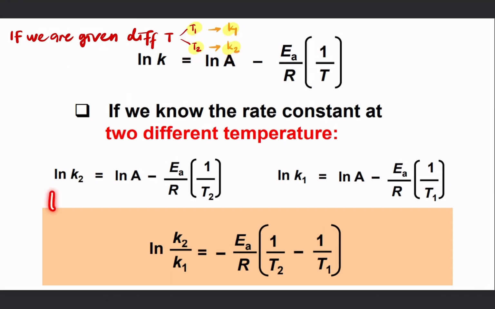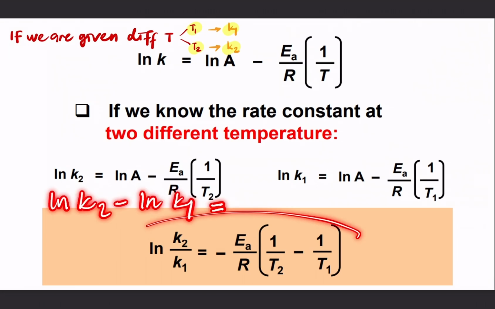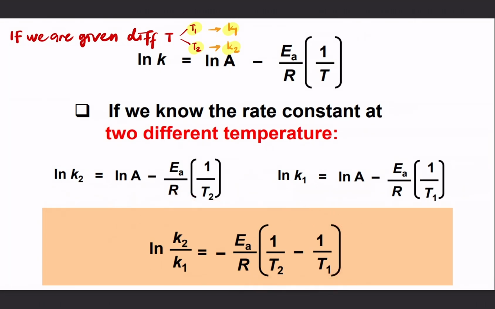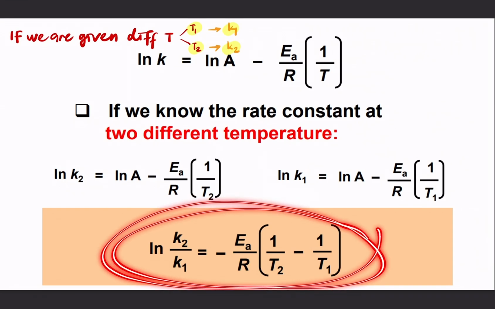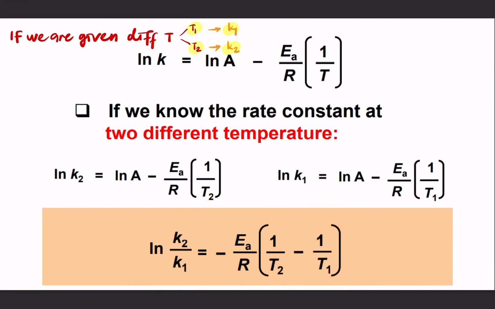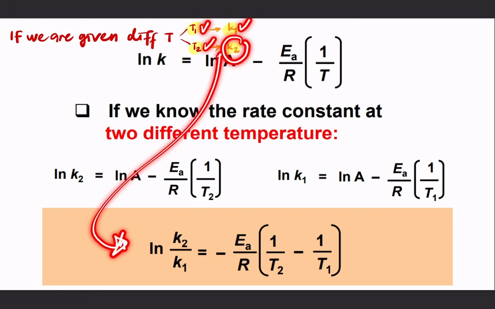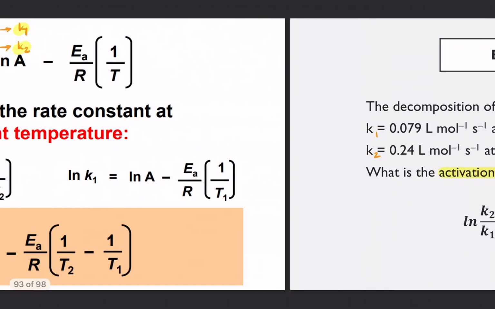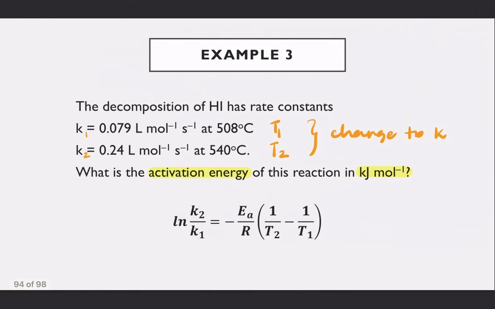So ln K2 minus ln K1, you will get this equation. Let's say we are given T1, K1 and T2 and want to find K2, then you just use this equation and find K2. You have to know how to rearrange.